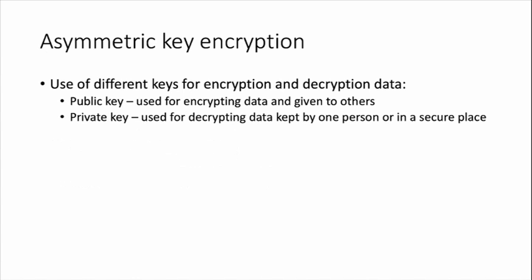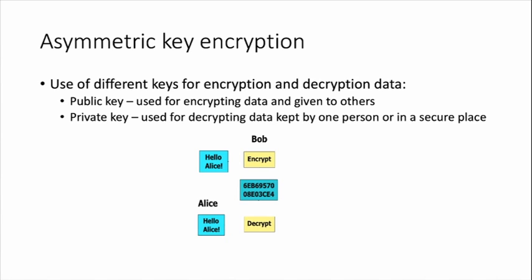For the public key encryption, two keys are used: the public key and the private key. The public key is used to encrypt data, and the private key is used to decrypt data. An example of how it would work with a public key is that Alice sends Bob her public key. Bob then encrypts his message using Alice's public key and sends the encrypted message back.